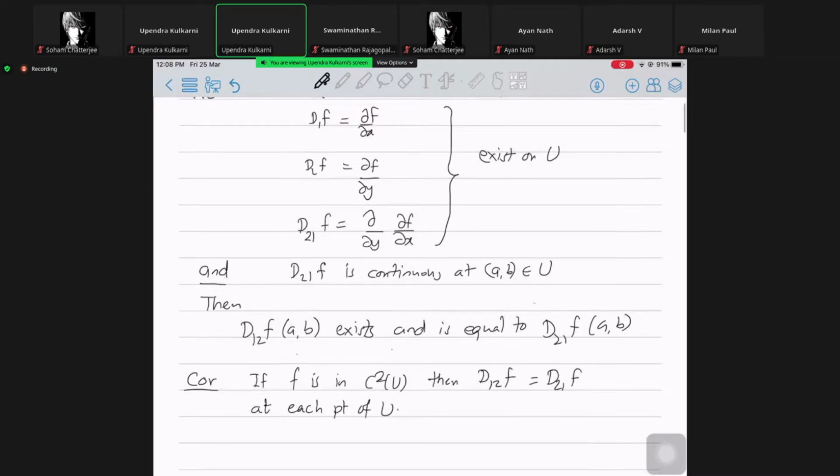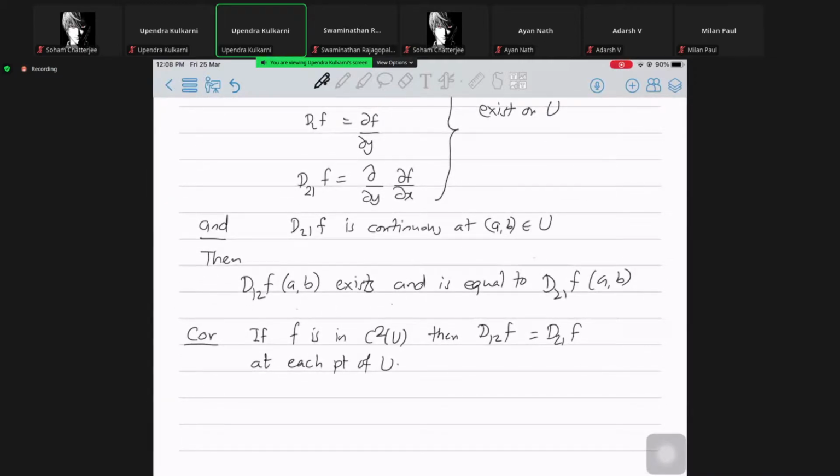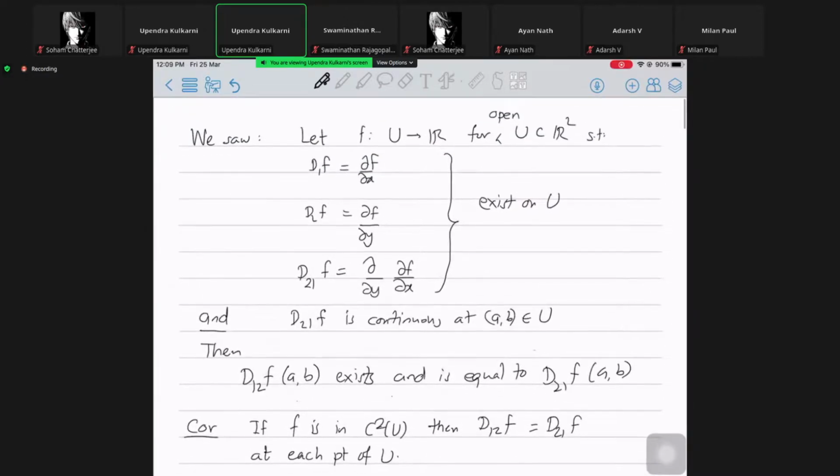Okay. So the point is, now I want to generalize this and have a version for several variables and higher partial derivatives. Here I had a single real valued function. f was just a real valued function on U, and it was a real valued function of 2 variables. But I want to take now any number of variables. Then the function target also is in some R^n.